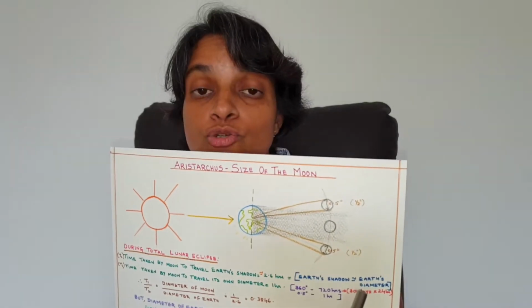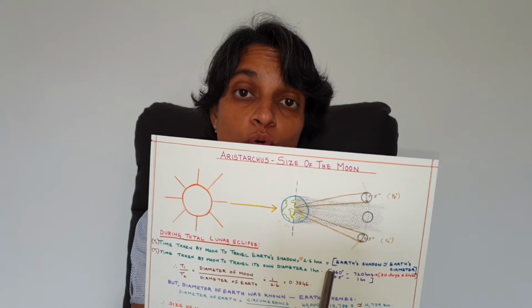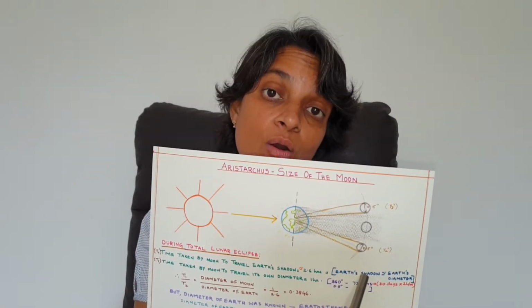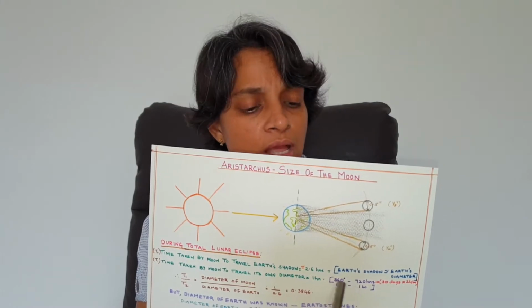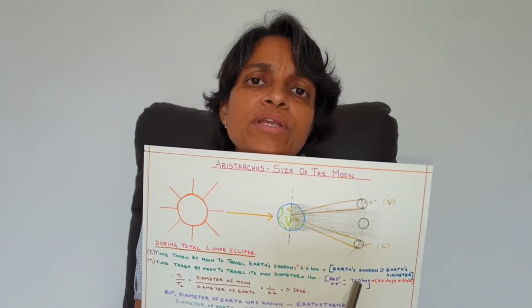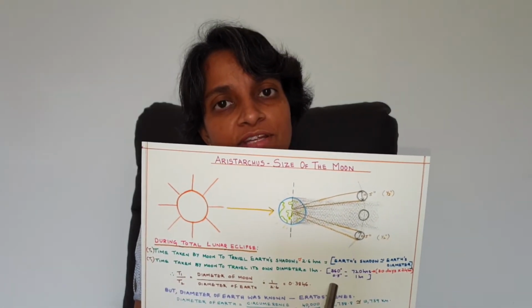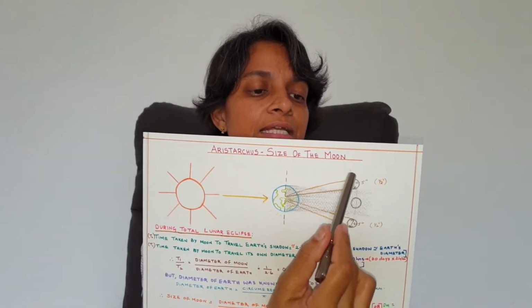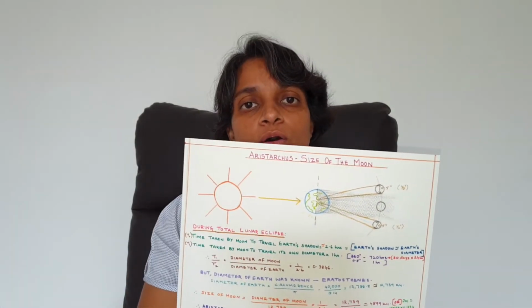So, 30 times 24 hours is 720 hours. If the moon takes 720 hours to complete 360 degrees of revolution, how many degrees will it travel in 1 hour? And that is 0.5 degrees. So, the angular diameter of the moon can be covered by the moon in 1 hour.